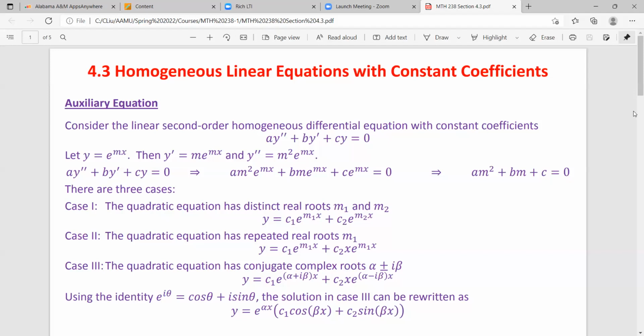How do you get 0 if you take the derivative and second derivative of the function and add a term with the function itself? The function has to be in the form of an exponential, because when you take the derivative, you get the exponential function back. That's the only case when this can happen.